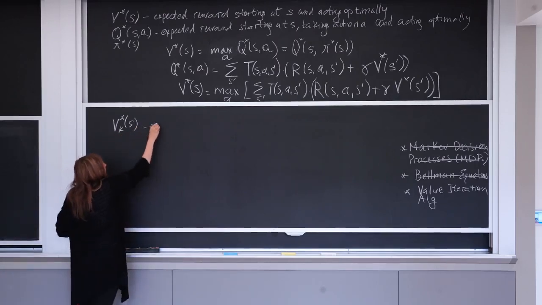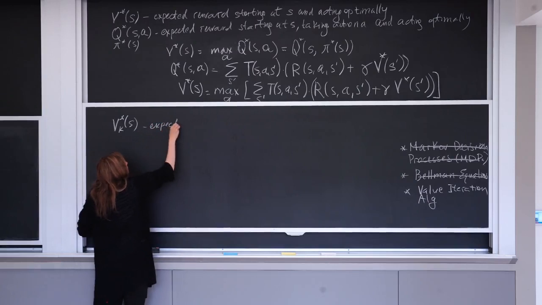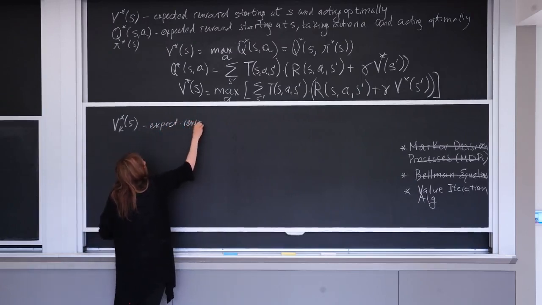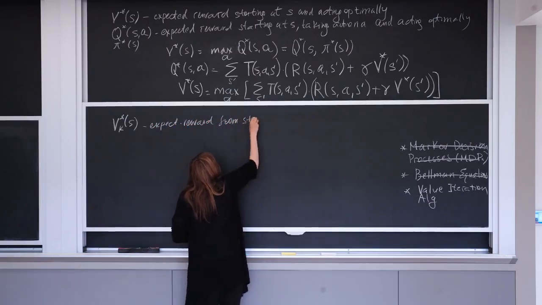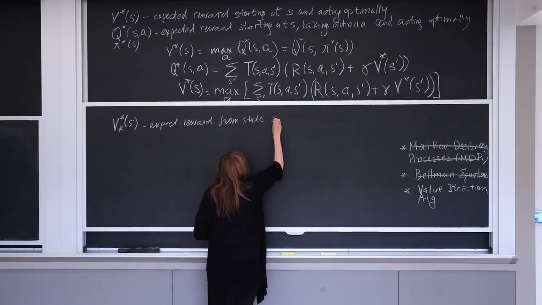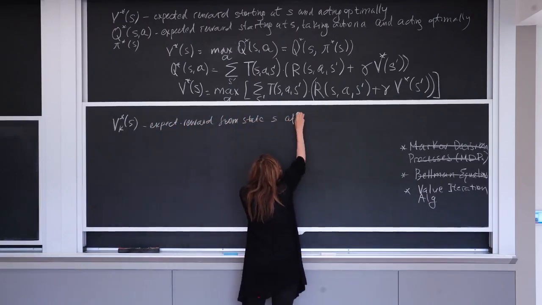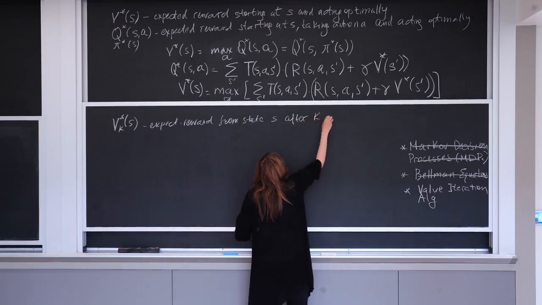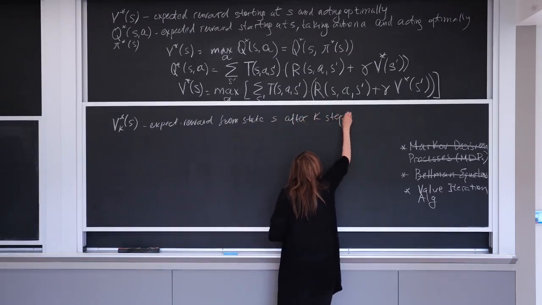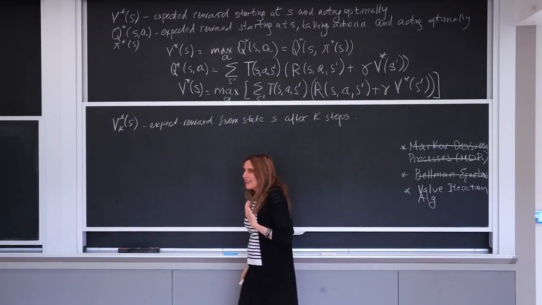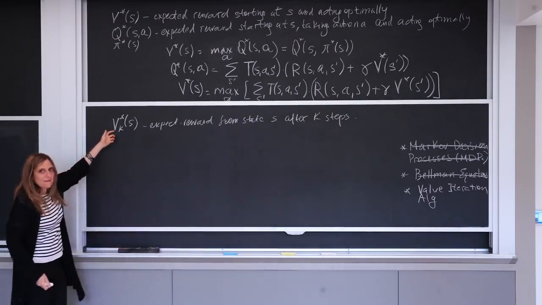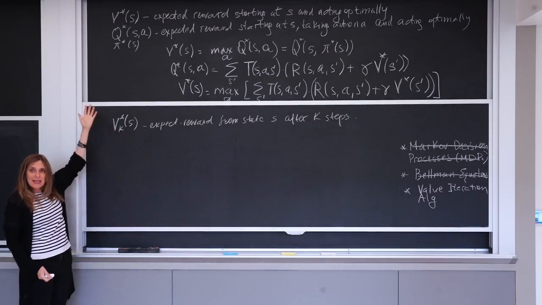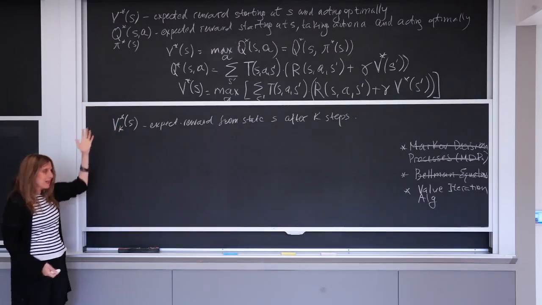Vk is the expected reward from state S after K steps. And the idea here is the following. What is the connection between this Vk and my original V, the value of the state?